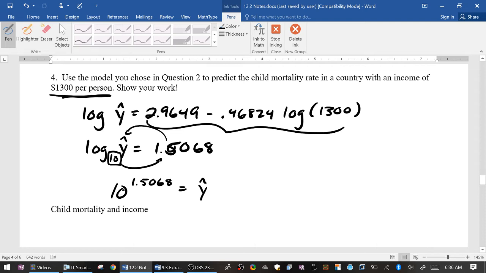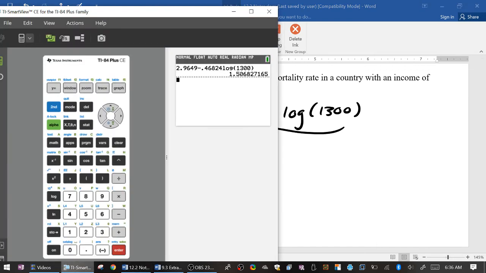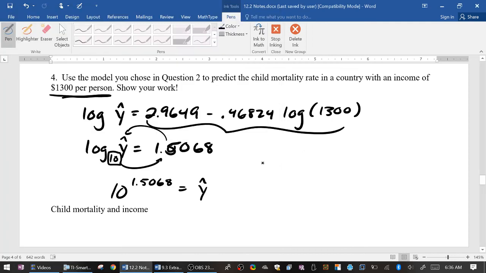So I have to do 10 raised to this number. Push enter, and I get about 32.12. So this is my y hat, my predicted child mortality.